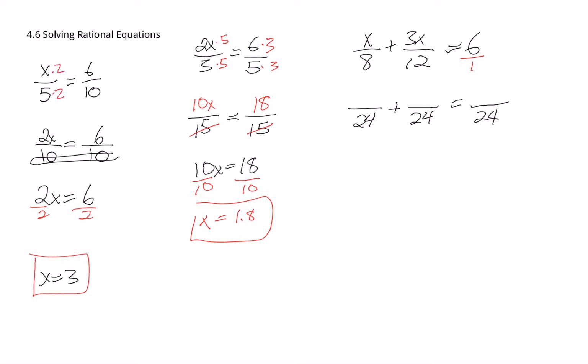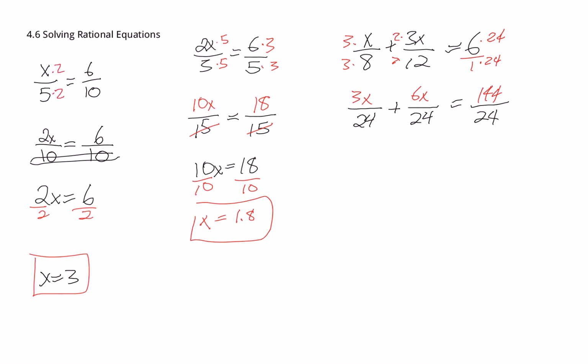So to get everything to be over 24, we're going to times our first fraction by 3, so we'll have 3x. Our second fraction, we need to times it by 2, so that would give us 6x. And then for the last one, we'd have to times it by 24. So 6 times 24 is 144.